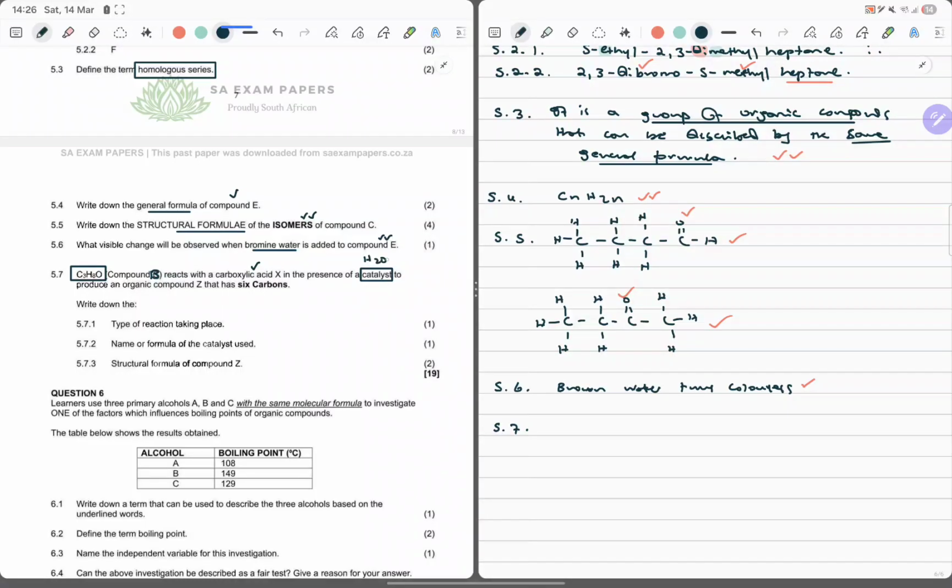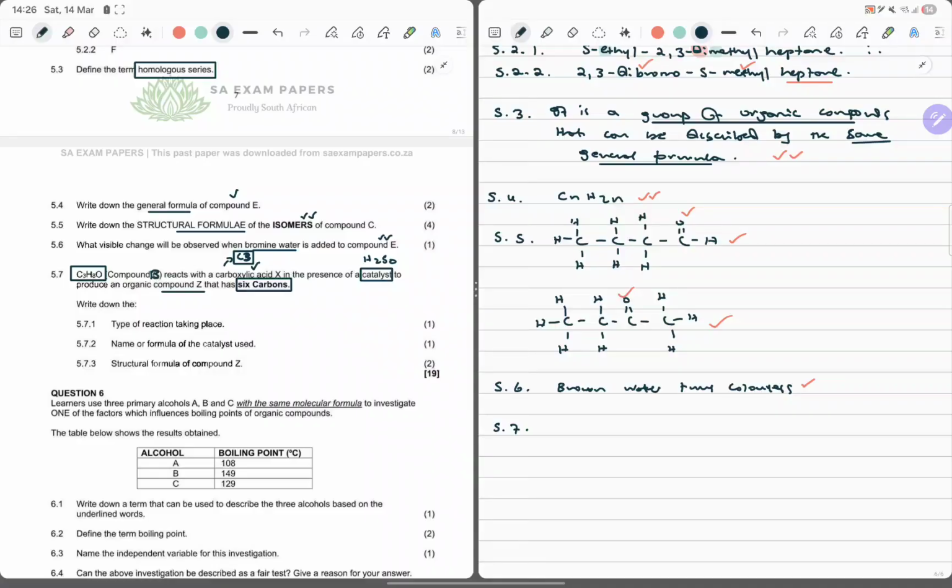So our catalyst is sulfuric acid. Okay, to produce an organic compound Z, which is an ester that has 6 carbons. Okay, so this is fine. We hear that. So if it gives us 6 carbons, it means our carboxylic acid has 3 carbons. Because we already have 3 carbons from the alcohol.